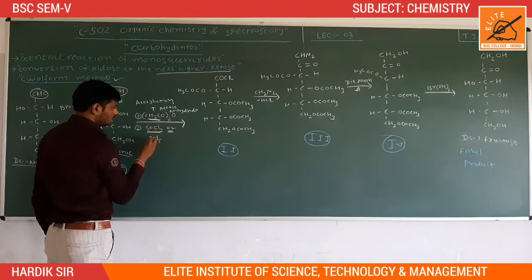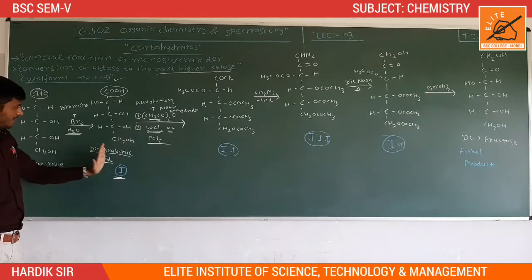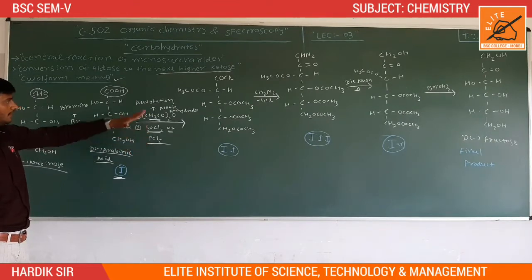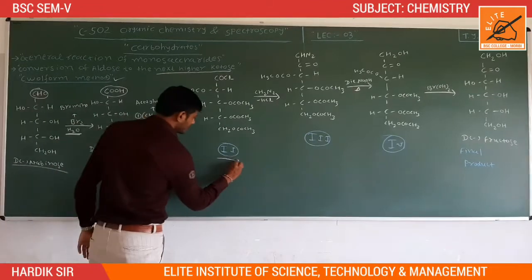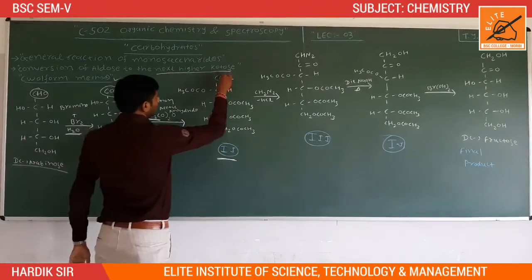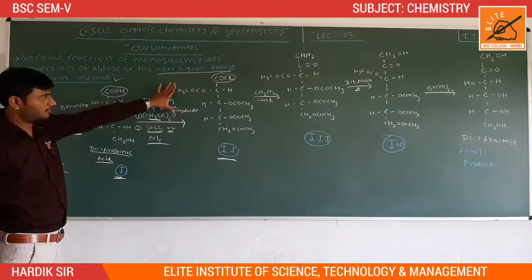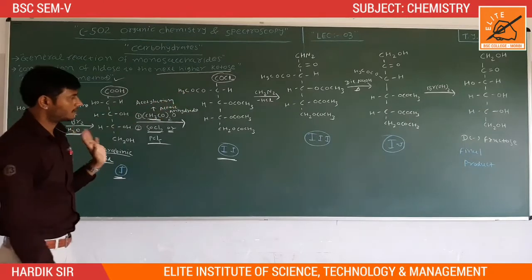Or SOCl2 or PCl5, phosphorus pentachloride. D-arabinic acid is reacted with acetic anhydride or SOCl2 or PCl5. This process produces our second intermediate product, where the carboxyl group is converted into the COCl group, the carbonyl chloride group. So this is our second intermediate product.